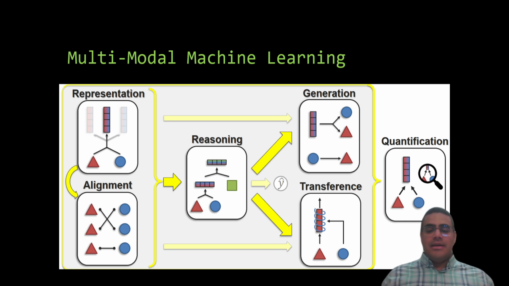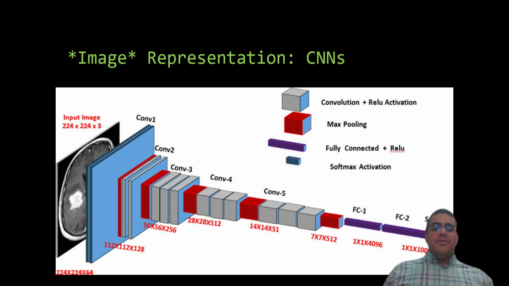And of course, at last, we can do some quantification. Quantification means to quantitatively assess the performance of the model and this whole set of areas that we have covered. This is what quantification means. Now let's go through each of these areas one by one.